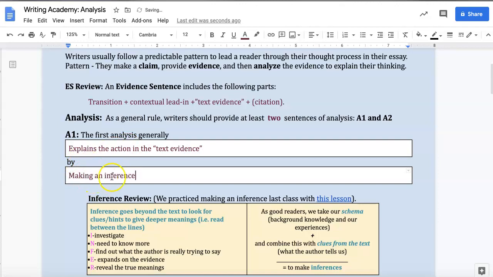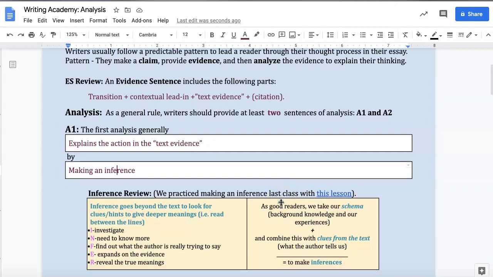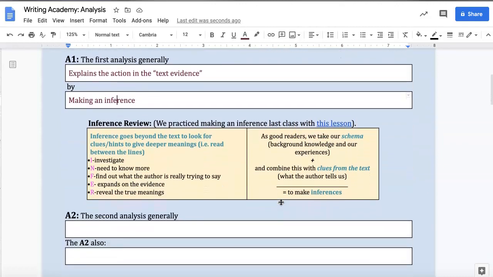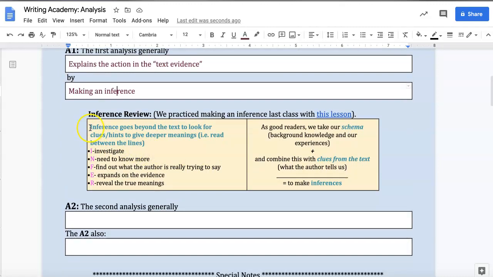Last class we talked about what inference was and what it looked like to make an inference, and if you'd like to review that, you can click here and access the lesson from our last class where we looked at some photos and also made some inferences based on text. But to recap, let's go through the definition.